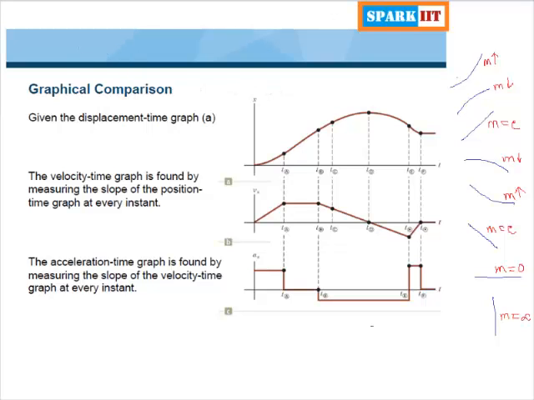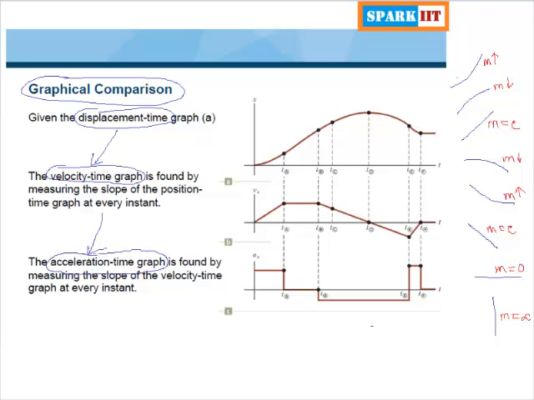So now we'll talk about graphical comparison, and this is the most important topic to be learned for JEE Advanced, so you should listen carefully. The problem statement is, you will be given a displacement time graph like this one, and from that you have to derive the velocity time graph, and from the velocity time graph you have to derive the acceleration time graph.